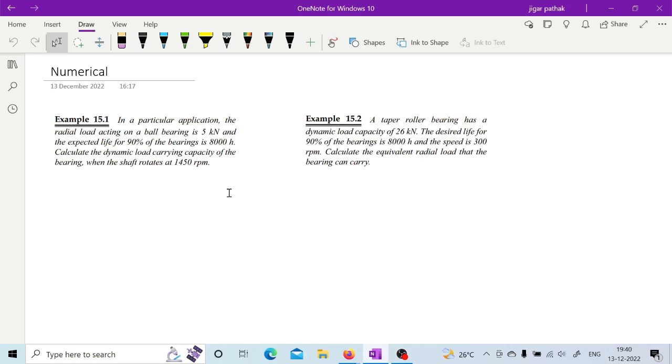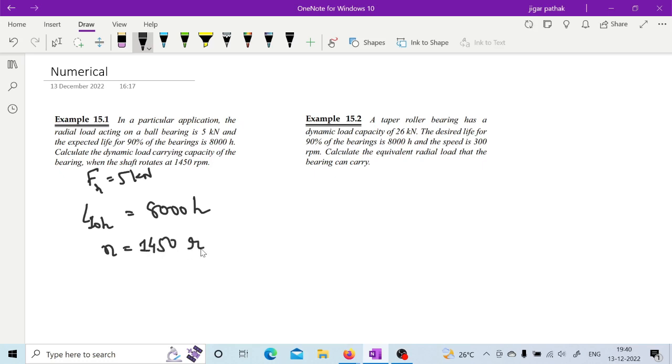Here what is given is Fr is 5 kilonewton, L10H is given as 8000 hours, and n is 1450 rpm.